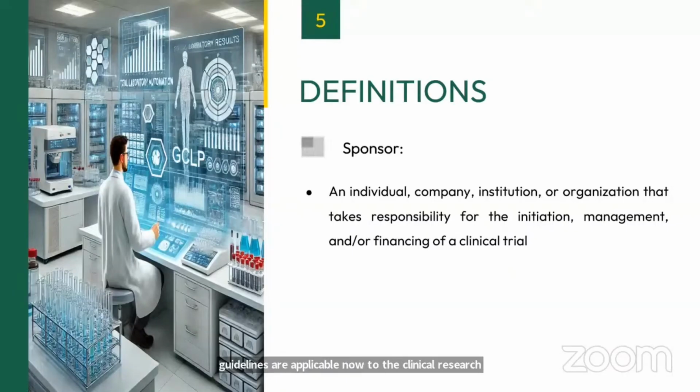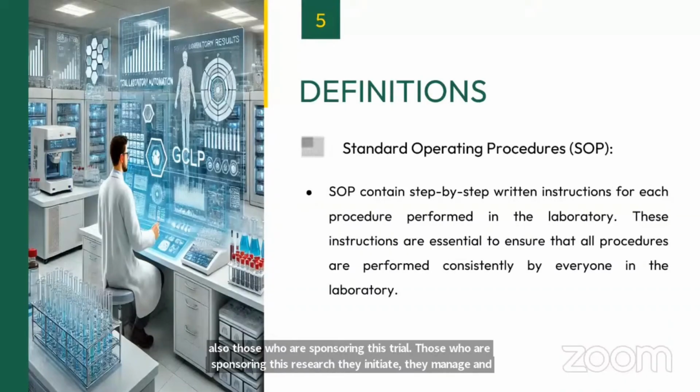A lot of clinical trials are conducted there, and those clinical trials are initiated by sponsors. These sponsors may be governmental organizations or corporate private pharmaceutical industries. Those who sponsor this research initiate, manage, and provide financial support. They are called sponsors.